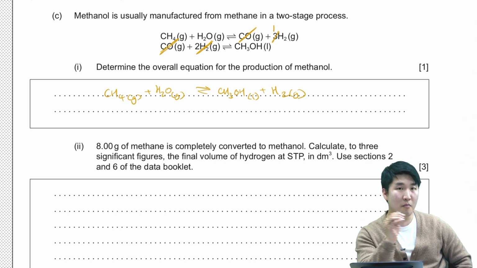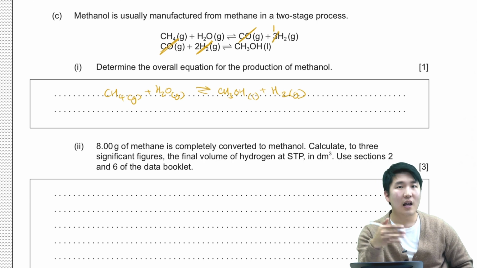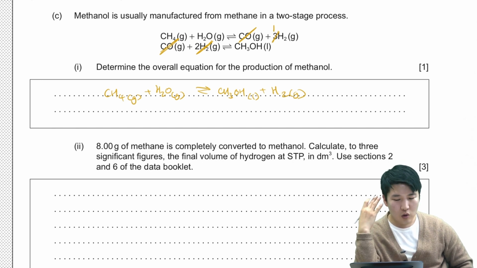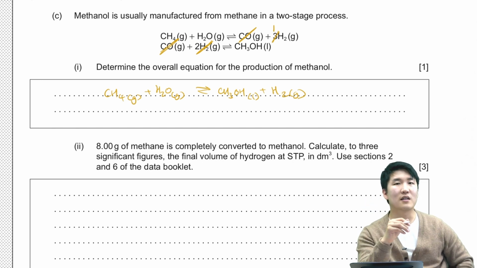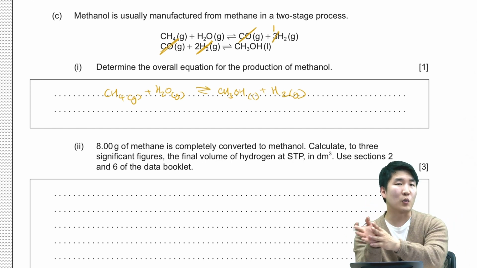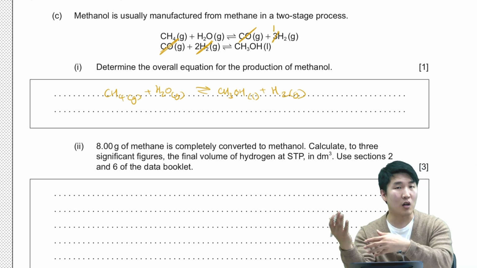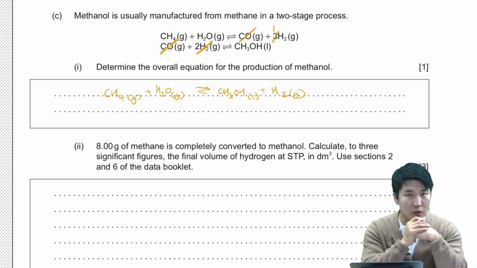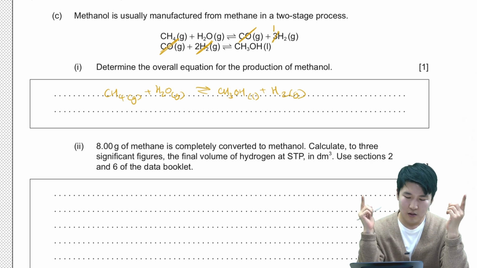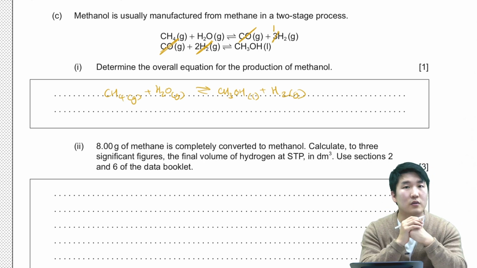If a certain amount, 8 grams of methane, reacts, how much hydrogen do we produce? Stoichiometry question. What we need to first look at is in what molar ratio methane converts to hydrogen. 1-to-1 ratio. 1 mole of methane will produce 1 mole of hydrogen.